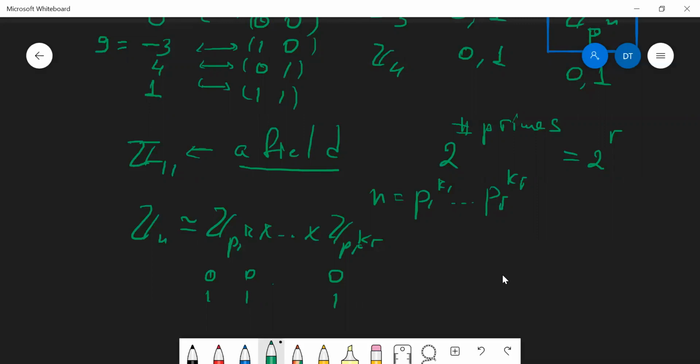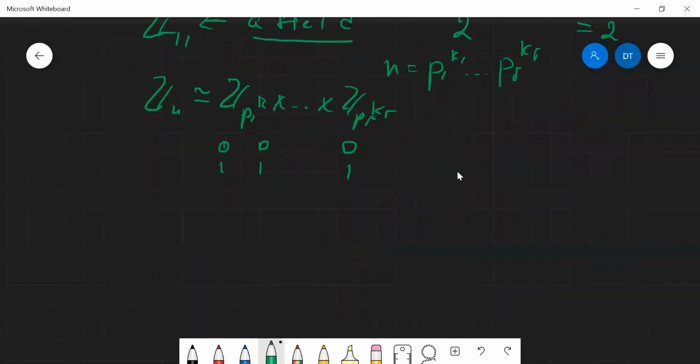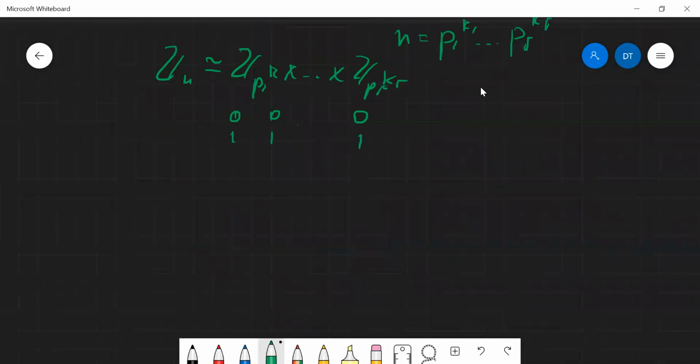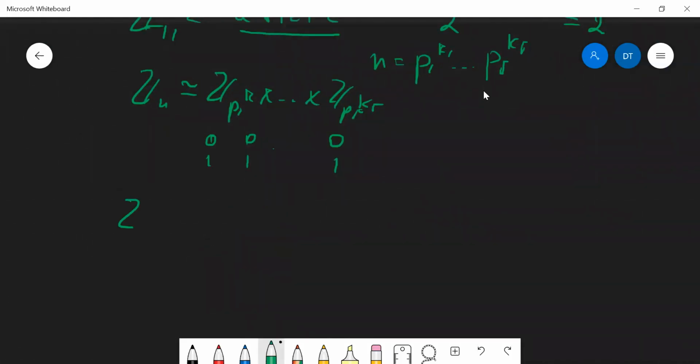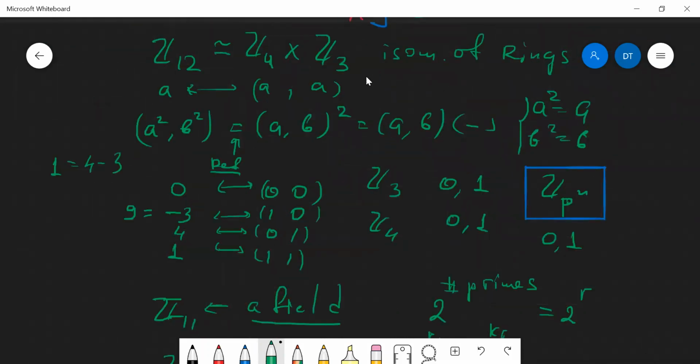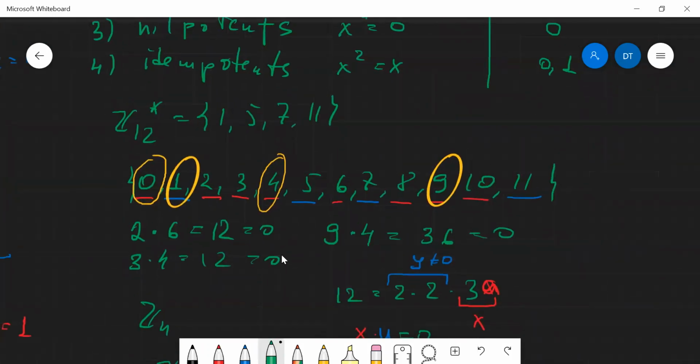Are there any other questions? No. Okay, so let's compute nilpotent elements. We take Z12. By the way, let's go back. I just want you to see the whole list. So now let's try to compute nilpotent elements.